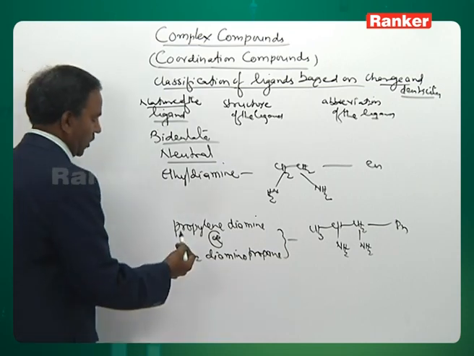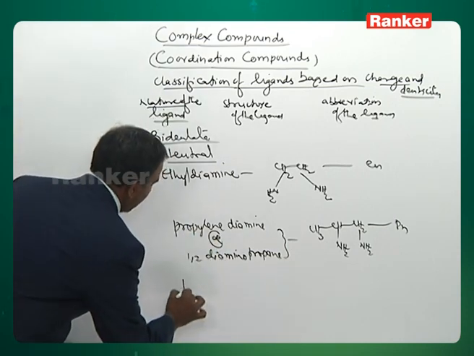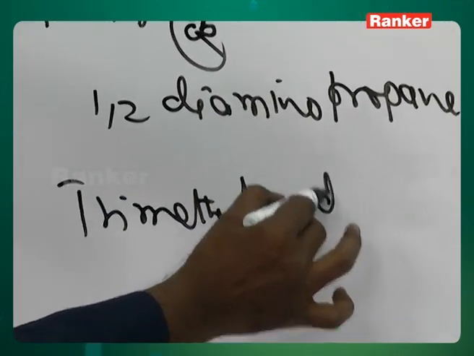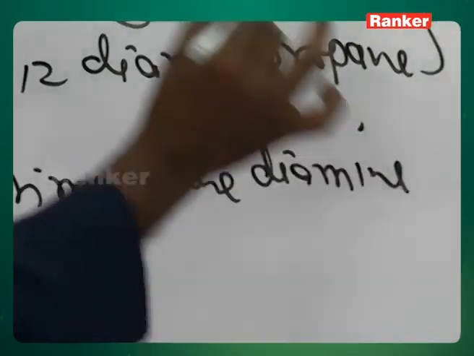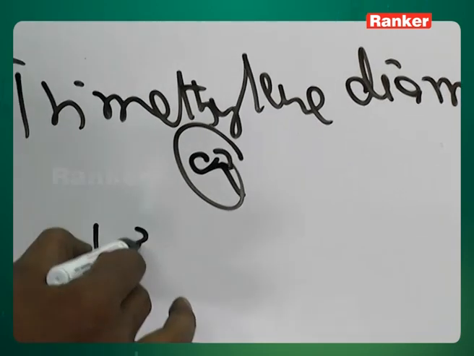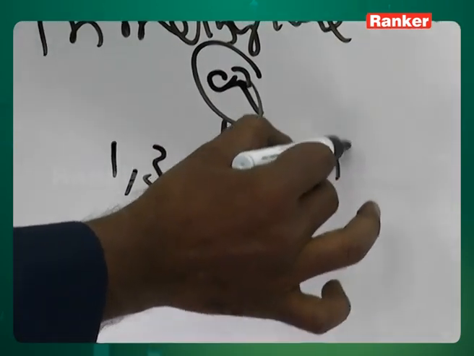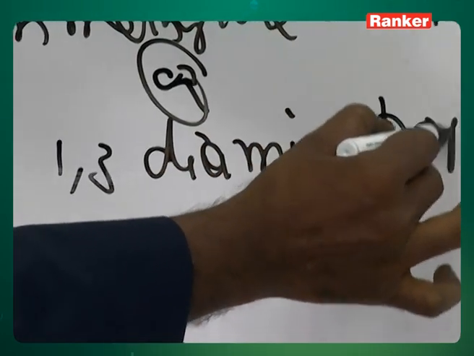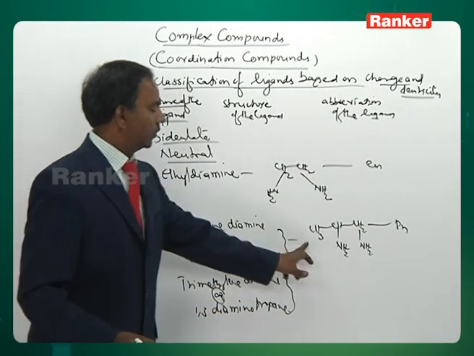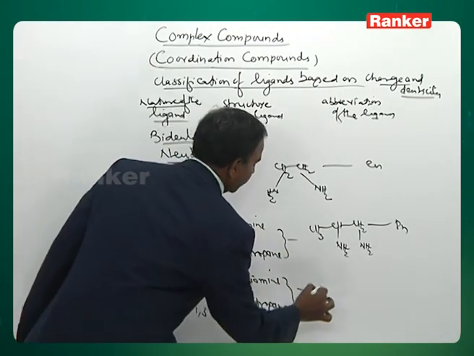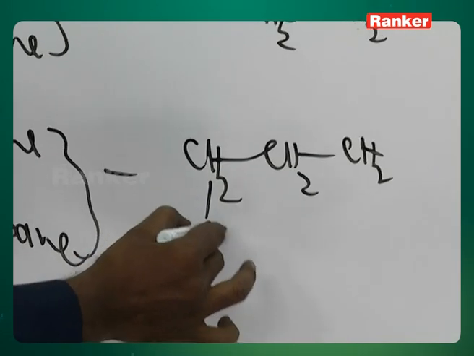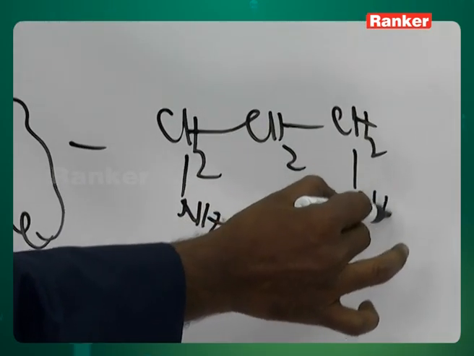Next one, trimethylene diamine. Trimethylene diamine is also considered 1,3-diaminopropane. In this, amine groups are at the 1,3 positions, NH2 and NH2.